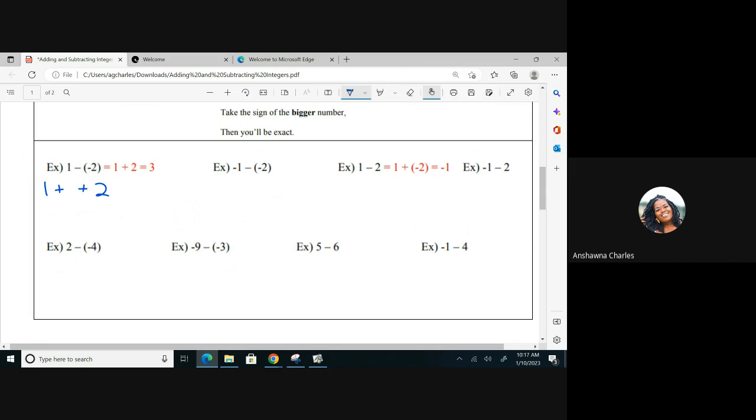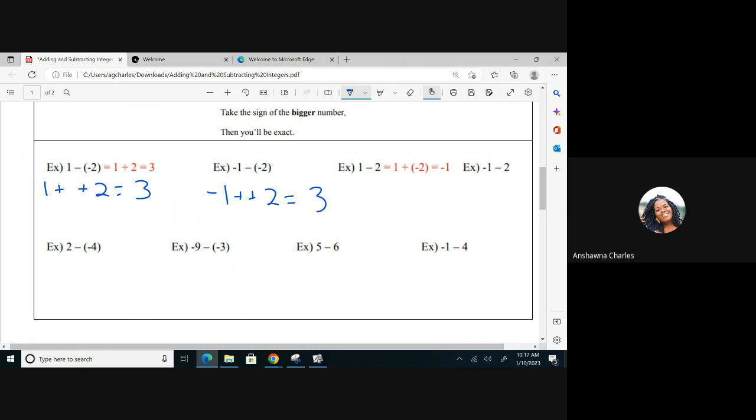Remember I talked about that yesterday? I just didn't use the word keep, change, okay? So now it says 1 plus 2, and you know 1 plus 2 equals 3, okay? So once you do keep, change, you can do what you did for adding because you're going to change it to addition, okay? So looking at this one, keep, change.